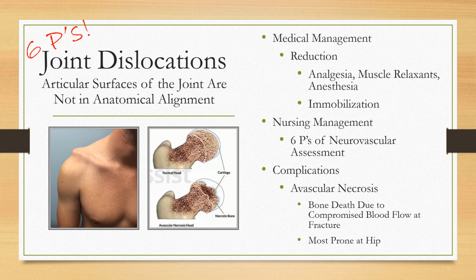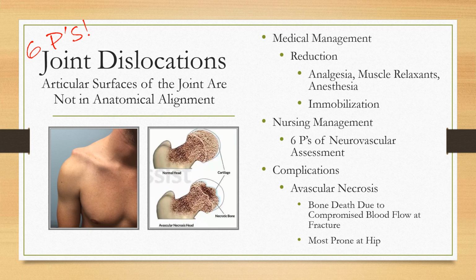Okay, so after the joint's back in place, or even before the joint's back in place, we need to make sure, so there's what's called the 6 P's of neurovascular function. Those 6 P's are really important. Say it's the shoulder, well, we're going to go to the wrist and check. Do they have a pulse? If they don't, that dislocation might be impinging an artery.